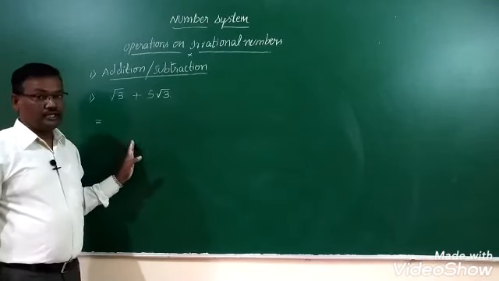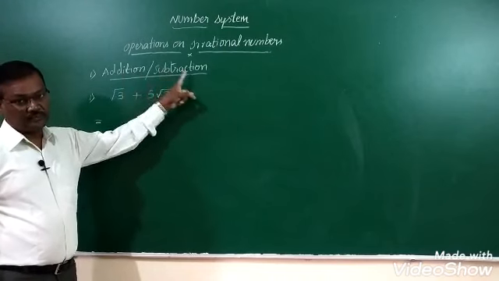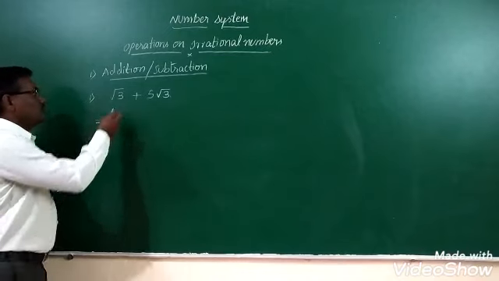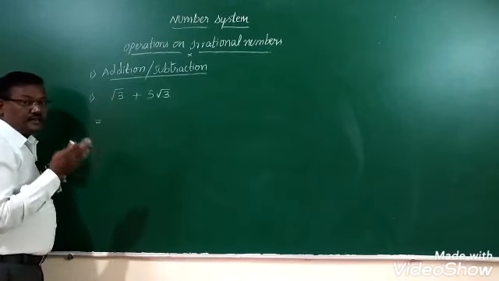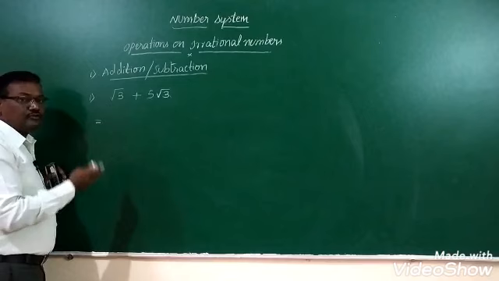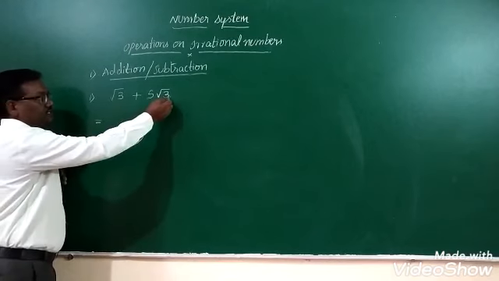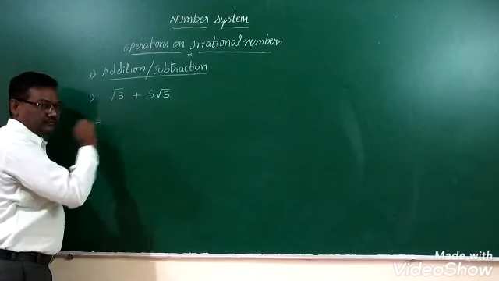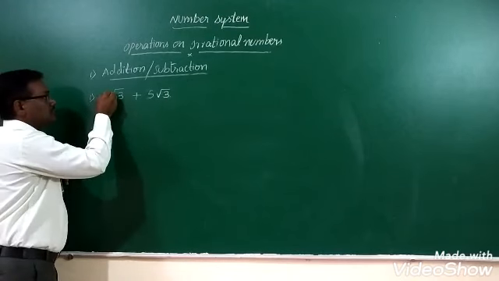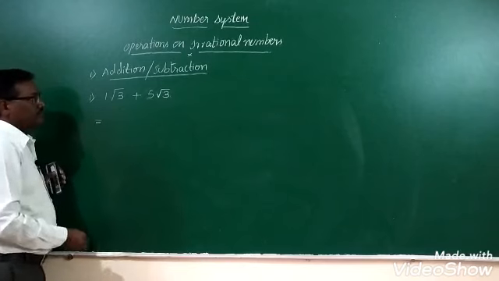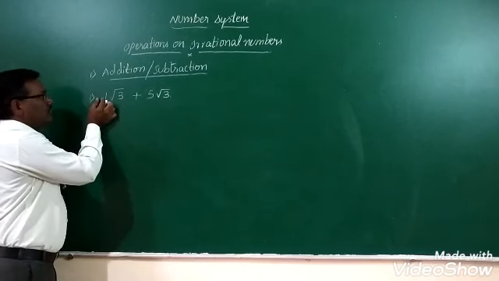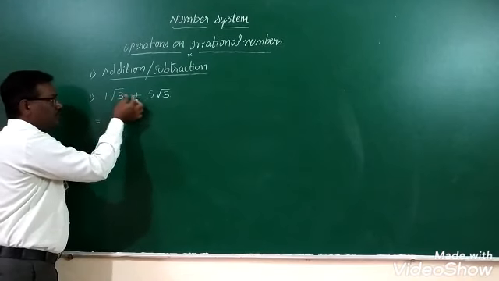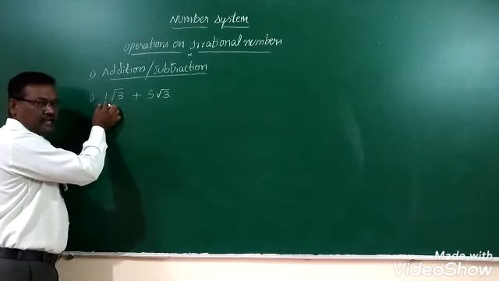If they are like, then only we perform addition or subtraction. Clear now? Based on the signs. Observe root 3. Root 3 is an irrational term which is same. Therefore, they are like. Irrational terms that are same, we consider as like terms. And root 3 before, what is the rational number? 1. And observe here, what is the sign of these? Both having plus, both having same sign, we can add up.